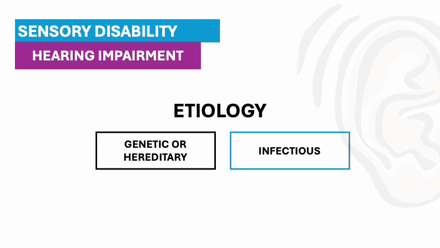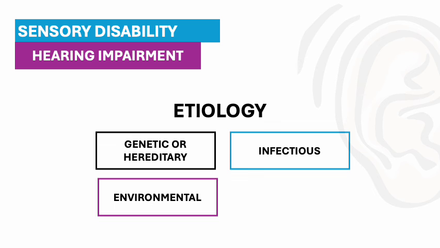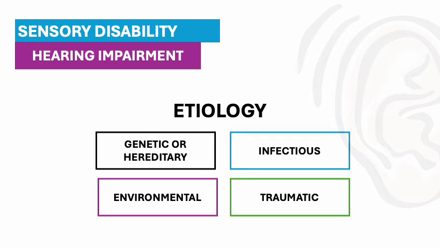Environmental factors also play a role, like long-term exposure to loud noise or certain medications that can damage the inner ear. And sometimes trauma like birth complications, head injuries, or sudden pressure changes can lead to hearing loss.